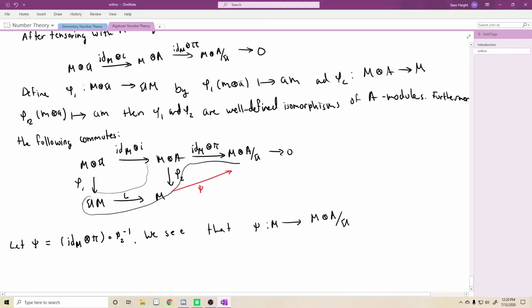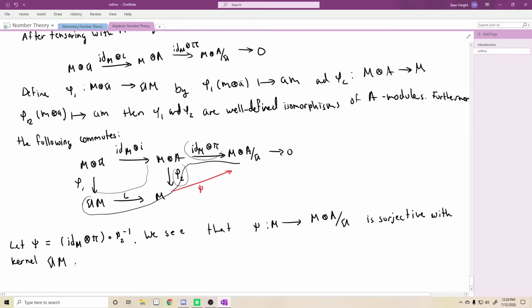Okay, since this thing is surjective and varphi2 inverse is also surjective, the composition is surjective. And not only this, it has the correct kernel.